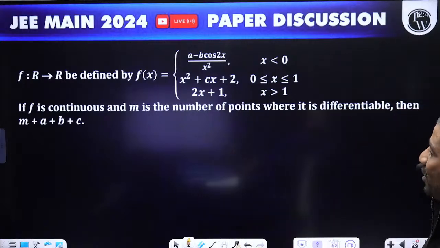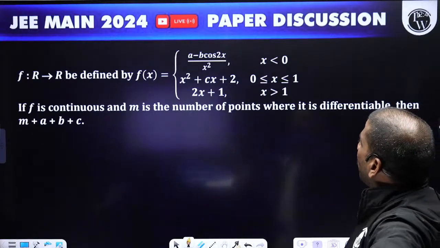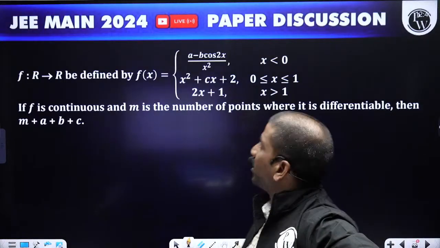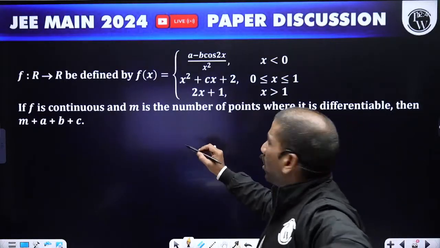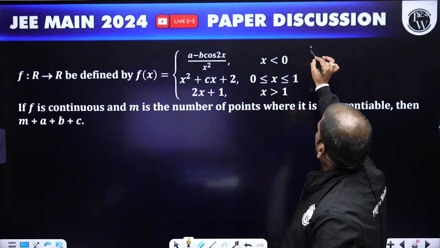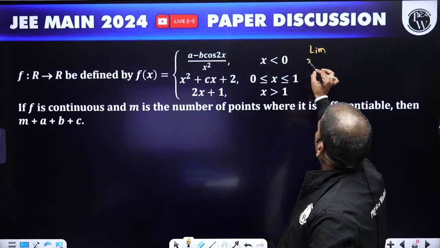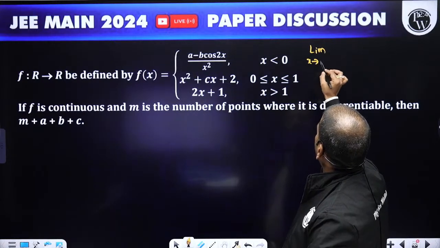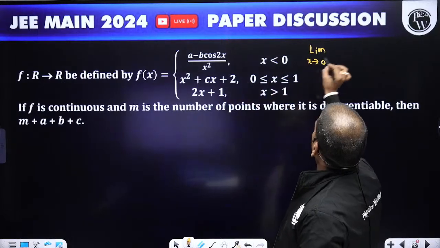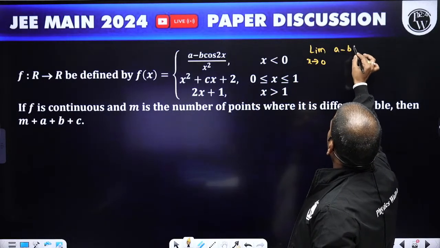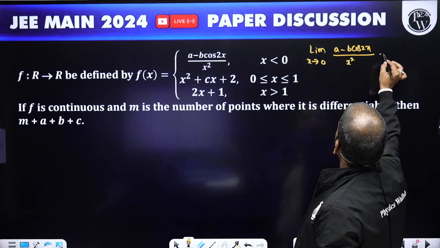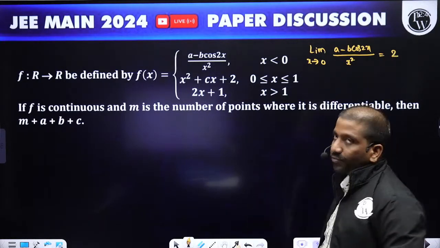It's continuous, and m is the number of points where it is differentiable, then m plus a plus b plus c. So we will find out it's a continuous function. So this limit should be equal to, what is this limit? This limit as x tends to 0 minus is equal to f of 0. What is f of 0? 2. So the limit of a minus b cos 2x by x square is equal to 2.